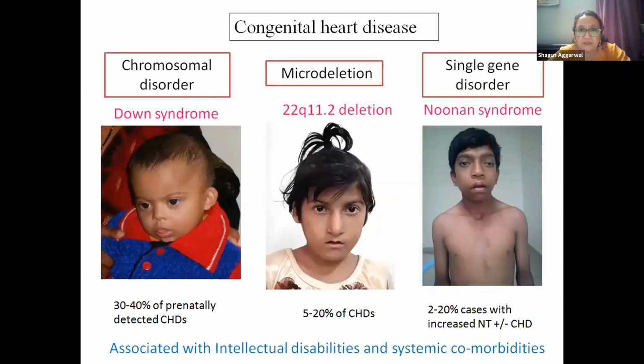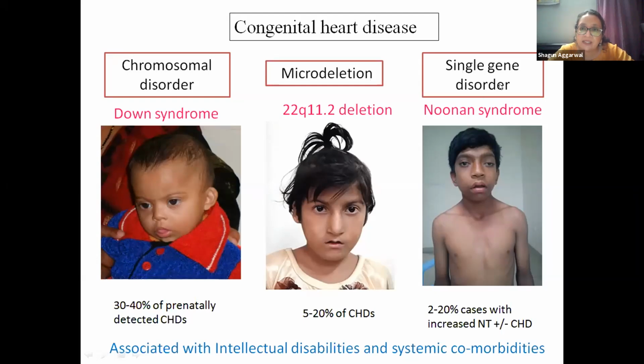An example of that, if we take common congenital heart disease, this could be part of a chromosomal disorder like Down syndrome. So 30 to 40% of prenatally detected congenital cardiac disease are actually because of Down syndrome, or some other chromosomal abnormalities also. And then we have DiGeorge syndrome, which is a microdeletion, and this is found in 5 to 20% of conotruncal cardiac defects.